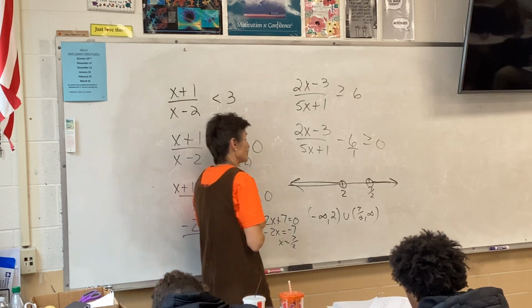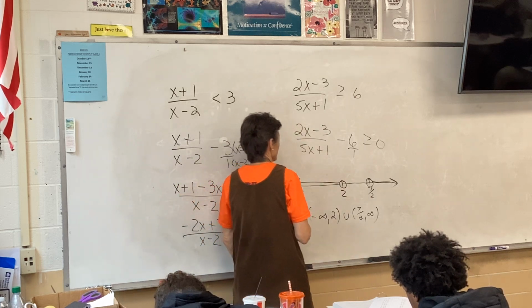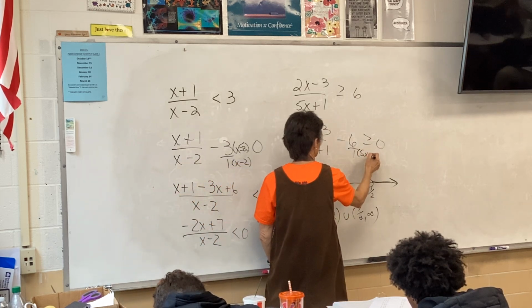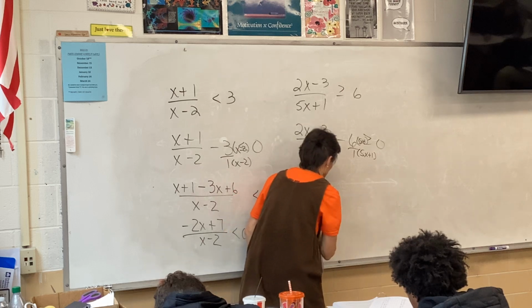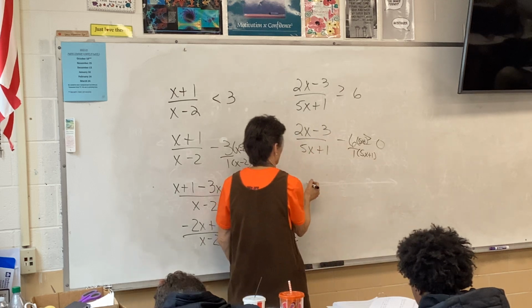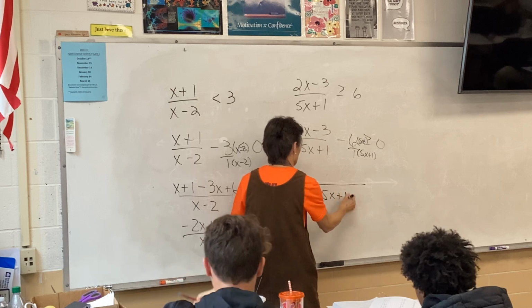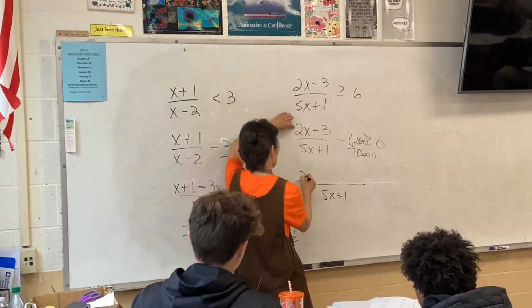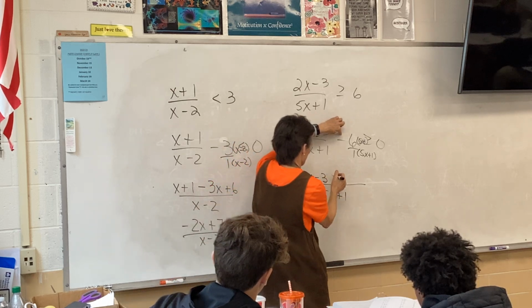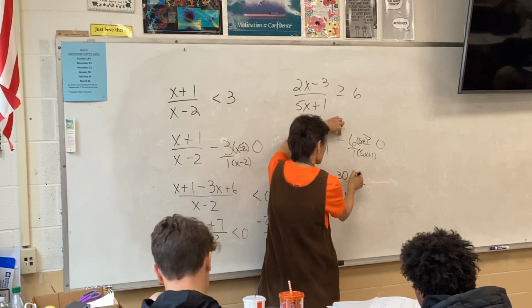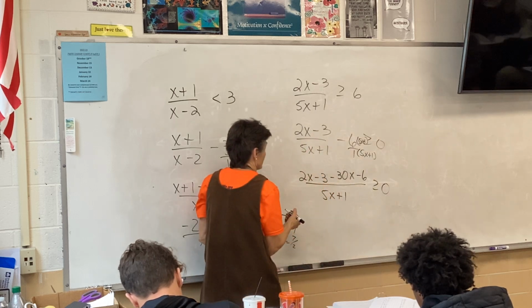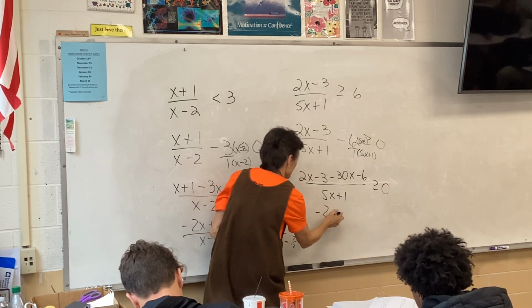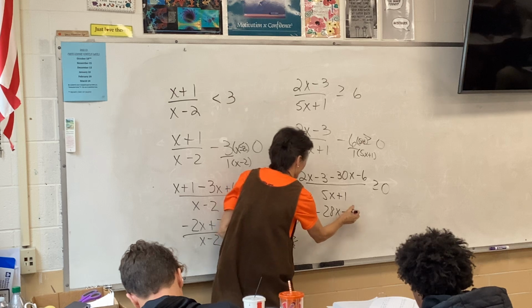And I'm going to get a common denominator. So what's on top? 2x minus 3 minus 30x minus 6. So negative 28x minus 9.